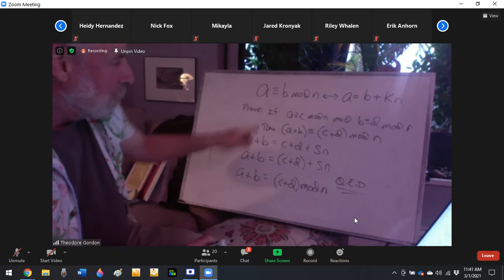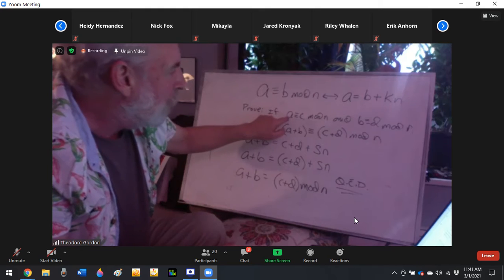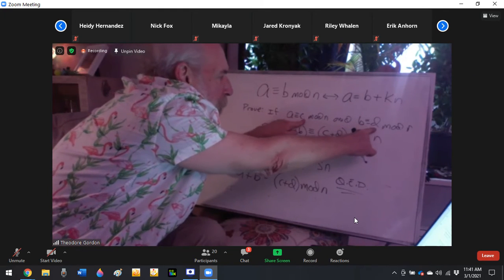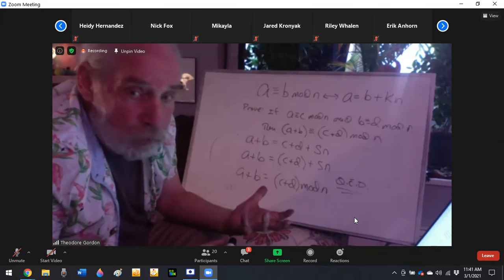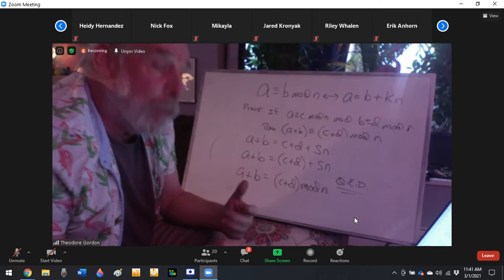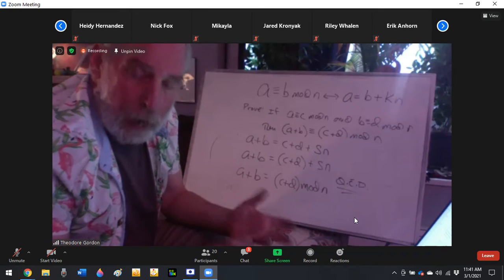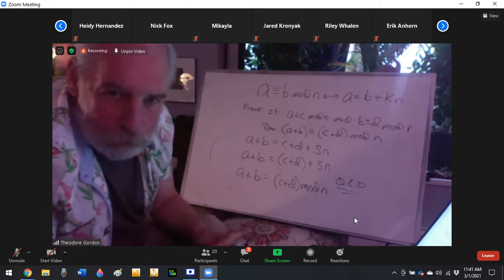So we've proved what we need to prove. The sum of these two numbers, mod n, is equal to the sum of those two numbers, mod n. So big numbers can be added together first and then do the mod, or you can do the mod first and then add them together. So that's an example of an arithmetic proof.